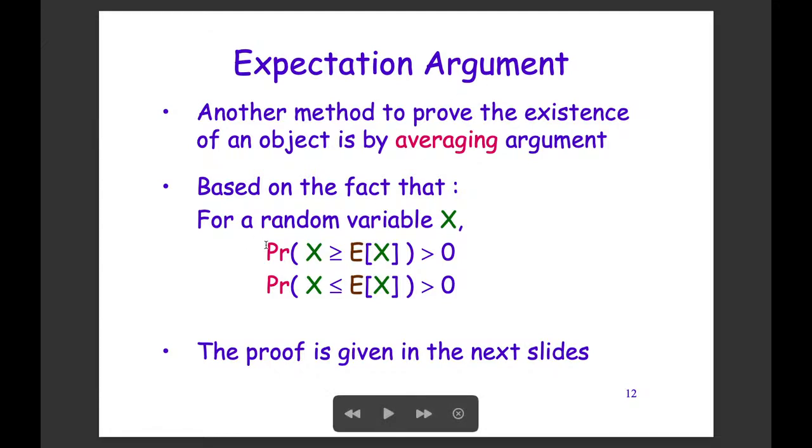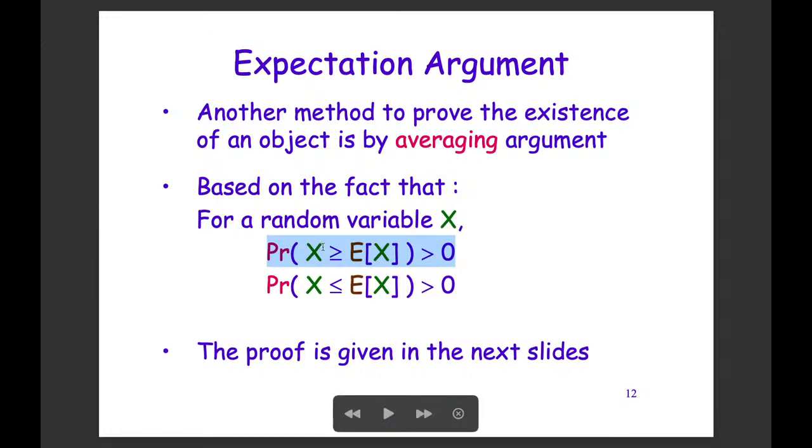Let us take a look at these two formulas. They look really similar. They say that the probability of x greater than or equal to the expected value of x is always greater than 0. This is actually a theorem or fact.